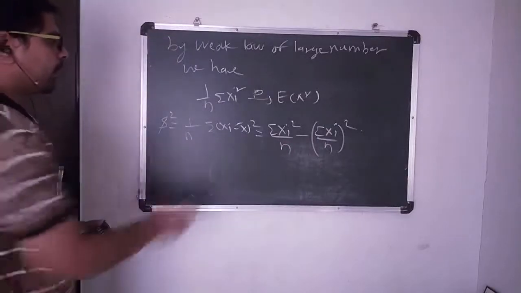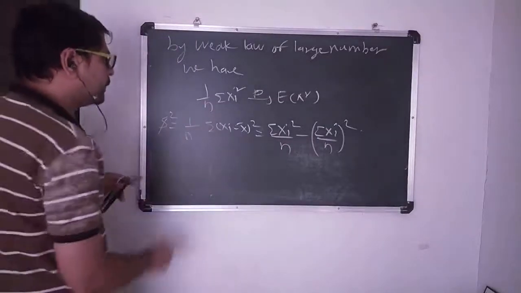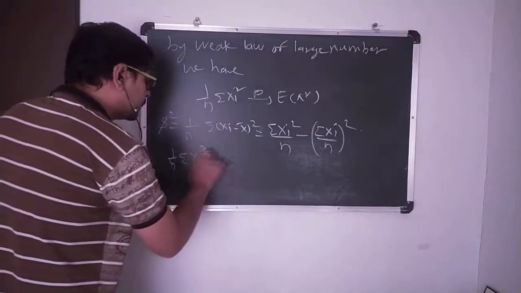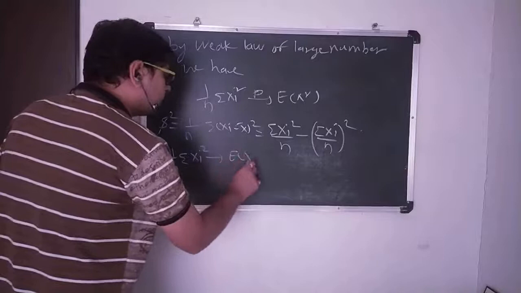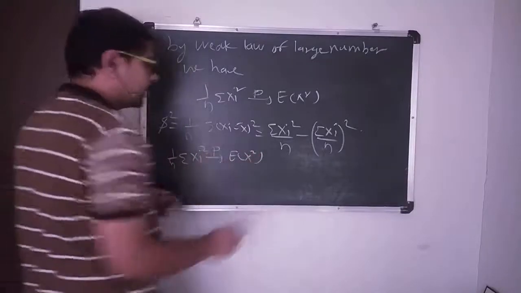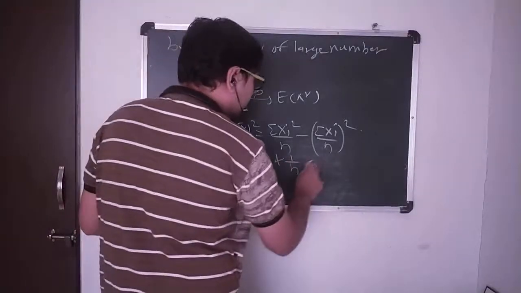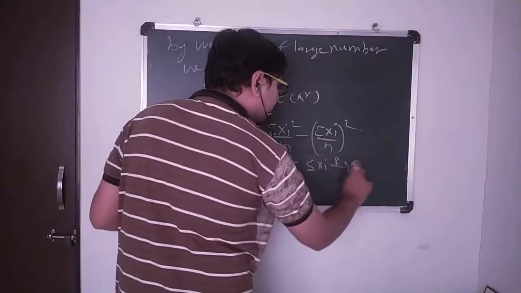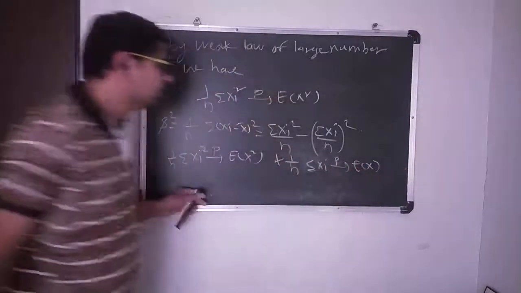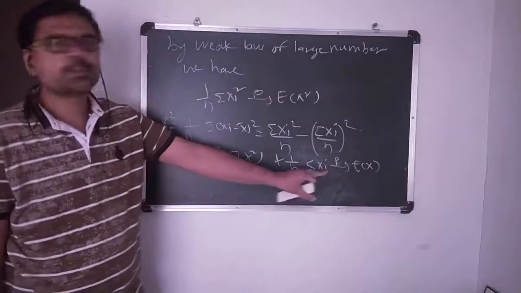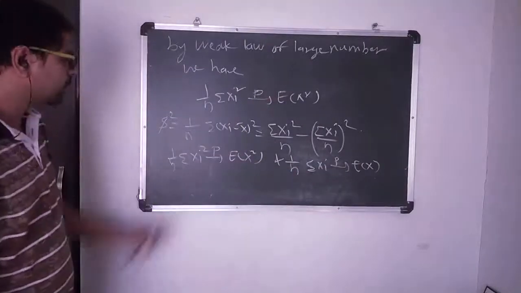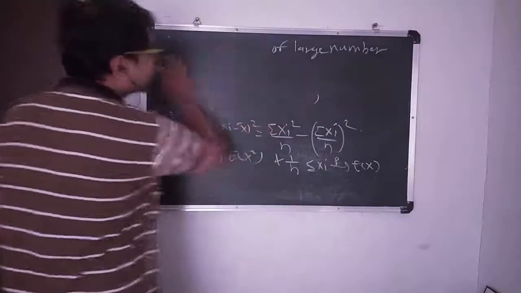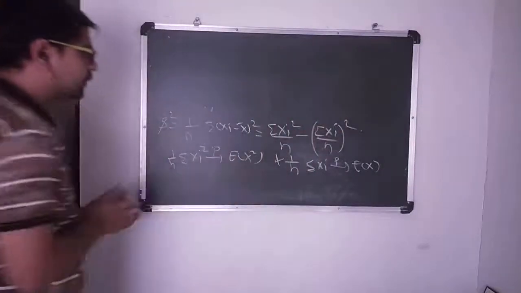So by using this result, what we have? 1 upon n summation xi square is a consistent estimator of expected value of x square, and 1 upon n summation xi is a consistent estimator of expected value of x. We know that the sample mean is a consistent estimator of population mean. So by weak law of large number, we have this result.